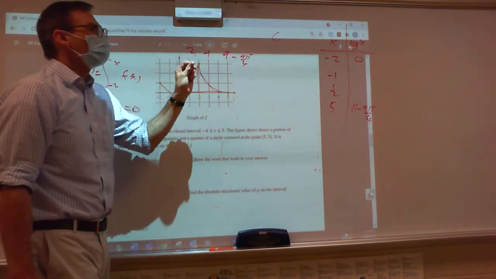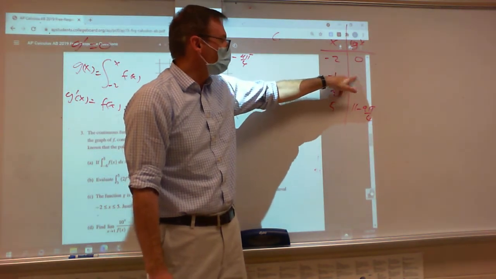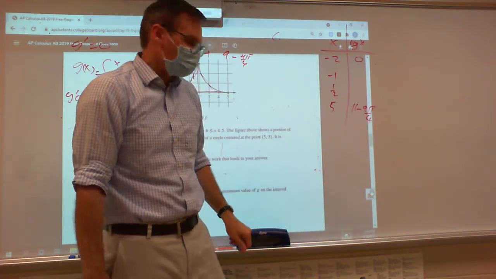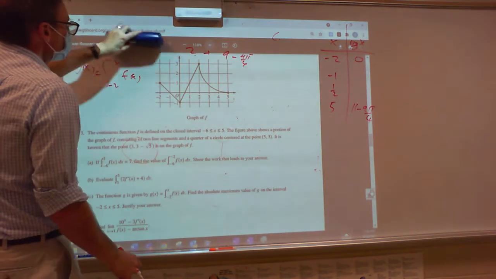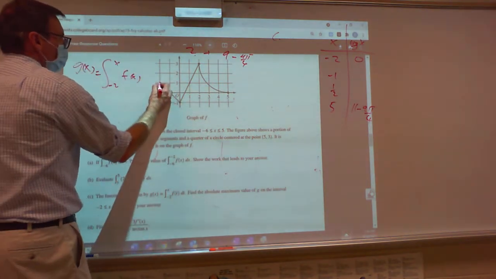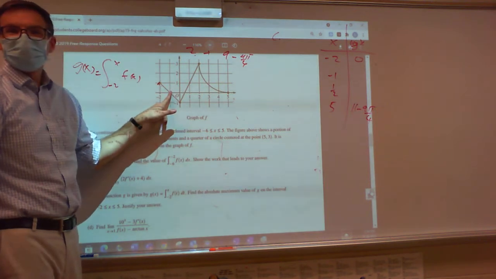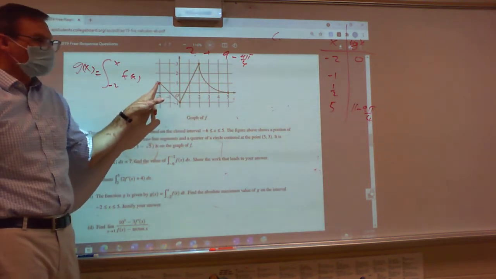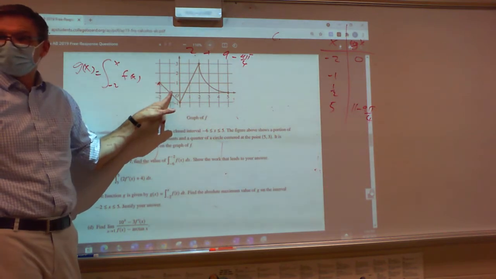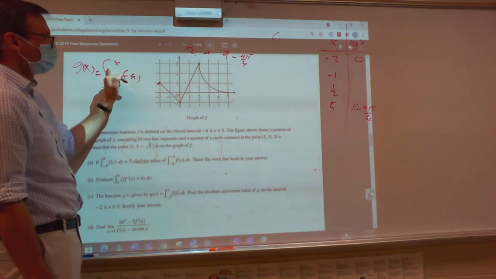And so now I need to compute what is my value of g at negative 1 and what is my value of g at 1/2. If this is your function and we're starting at negative 2, what's my value from here to here? 1/2. Is everybody okay? The value from here to here is 1/2, because what's our cumulative area from negative 2 to negative 1?